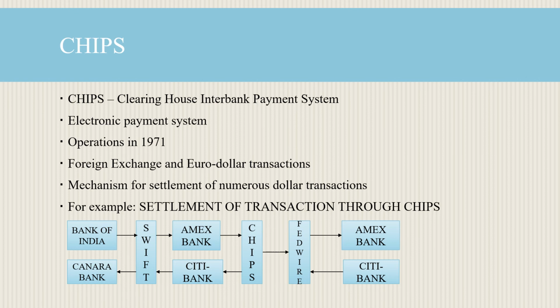Only when Fedwire has passed the information to the Federal Reserve Bank is the amount received and paid to the bank which needs to receive the payment. This is how settlement of transactions takes place through CHIPS.